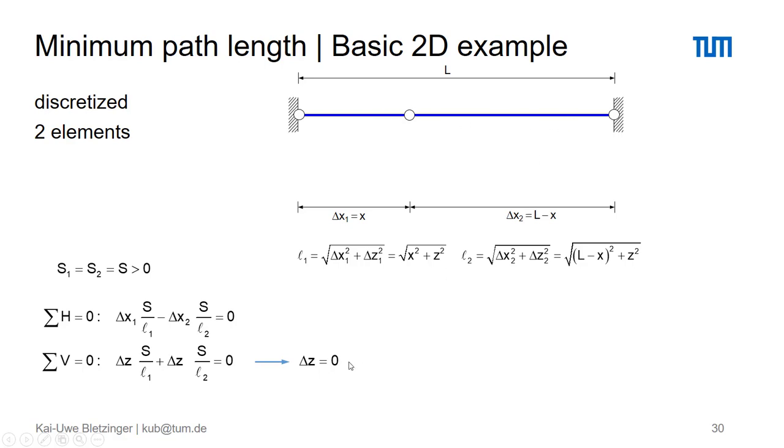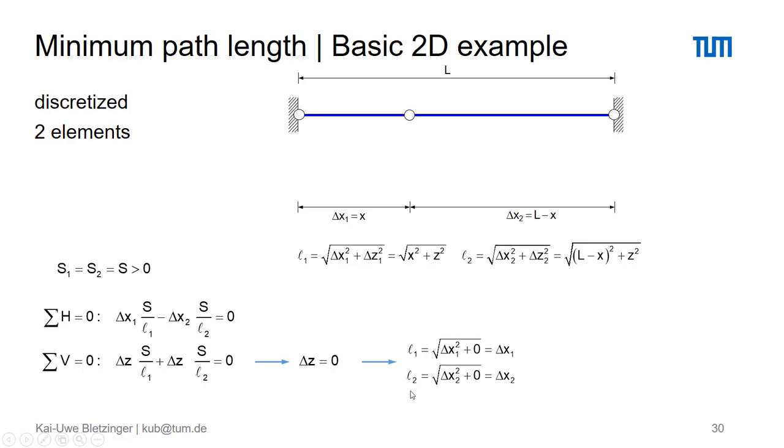But there are severe consequences with this intermediate solution. Taking delta Z and plugging that into these equations for the lengths, then we receive L1 and L2 equal to the coordinate differences of the first and the second element. So we see it here in the graph quite obviously. The delta X1 is equal to X and the delta X2 is equal to L minus X, which is the length of the second element.